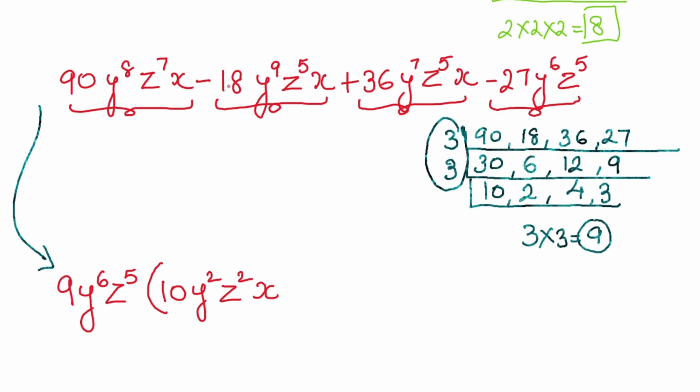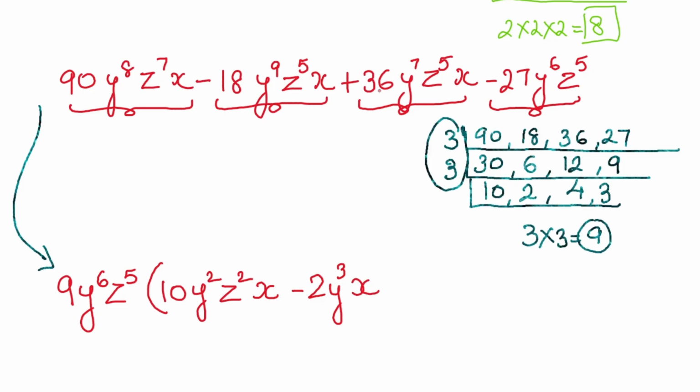Now for the second term, negative 18 divided by 9 gives us a negative 2. Out of 9 y's, 6 y's are common, so y raised to the power 3. z raised to the power 5, all of them have been taken common, so no z term, and we have to write an x term.